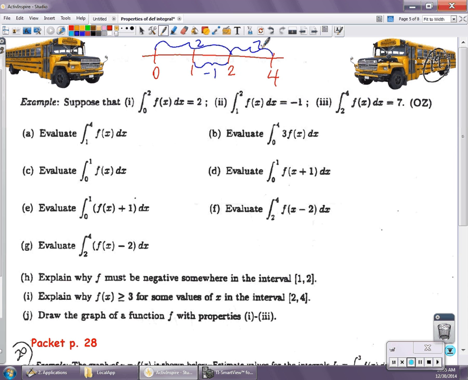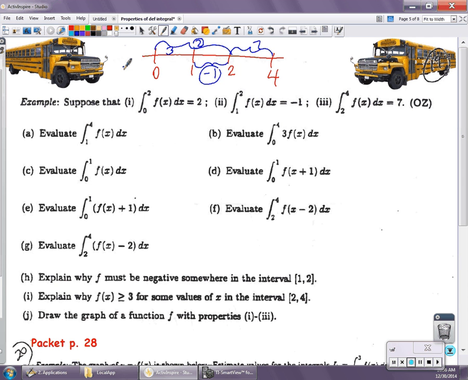So now that tells me if the area from 0 to 2 is 2 and the area from 1 to 2 is negative 1, then the area from 0 to 1 has to be 3. Why?